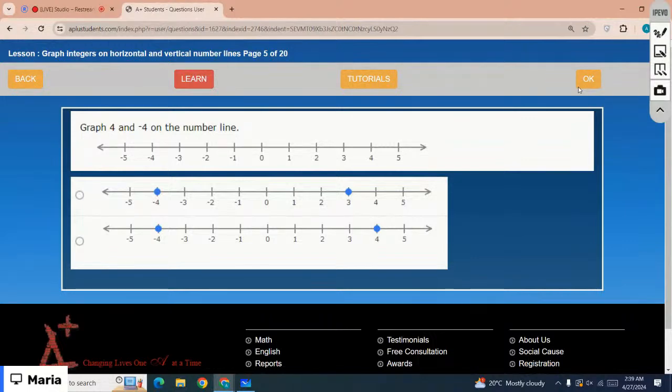Here is option 2, here is negative 4, and here is 4. Option 2 is the correct option.